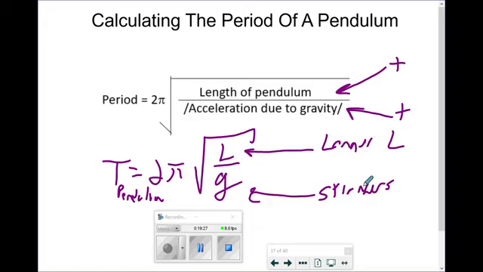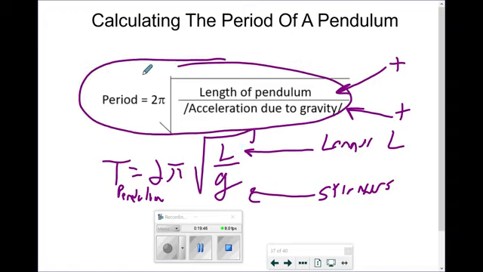So again, this equation tells you the relationship between the factors that affect the period. And if you're not the length of the pendulum, and if you're not the acceleration due to gravity, then you're not going to affect the period of the pendulum at all, because only these two factors are the ones that actually determine the period of the pendulum.